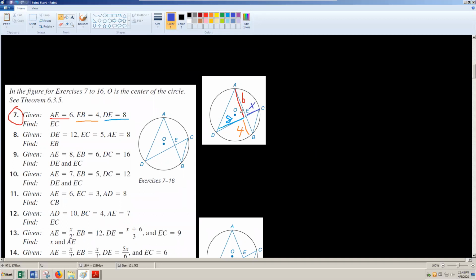Looking at this, there's a relationship between the intersection of 2 chords, which is that if I have this times this, it's going to equal this times that.